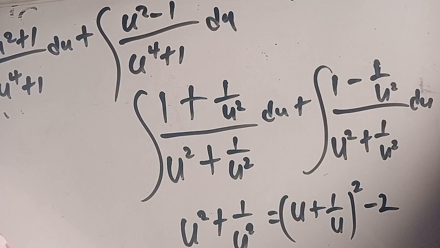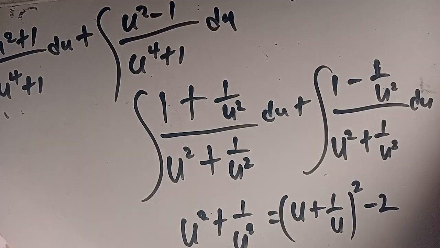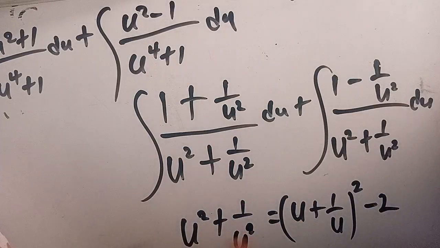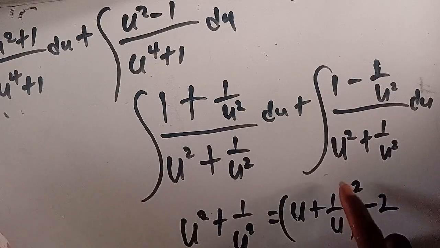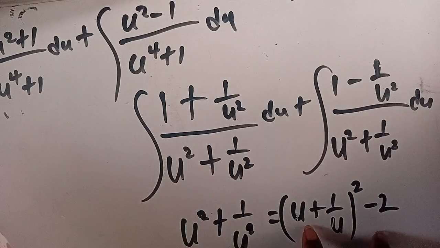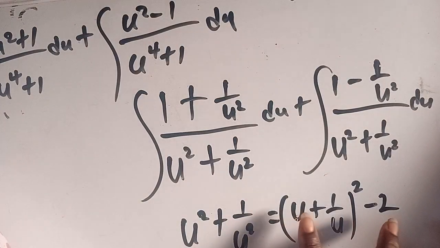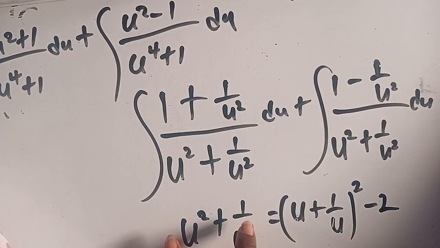If you use it, you can confirm that u times u is u square, u times 1 over u is 1, 1 over u times u is 1, 1 plus 1 is 2, 2 minus 2 is 0. Expand this, you are going to get this. Write it in your note and expand this.